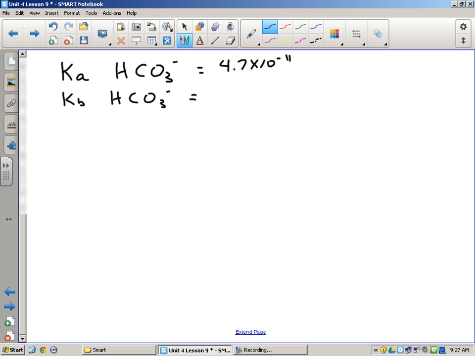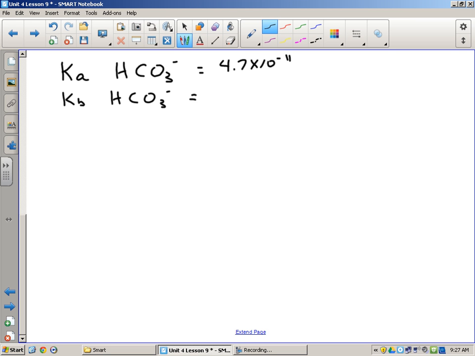We found the Ka for the acid, HCO3 minus. What's the Kb for the base? Let's find Kb. Let's find this on the base side now. Find that on the base side somewhere. Okay? And where do you see that? HCO3 minus on the base side is way down here beside carbonic acid, yes?